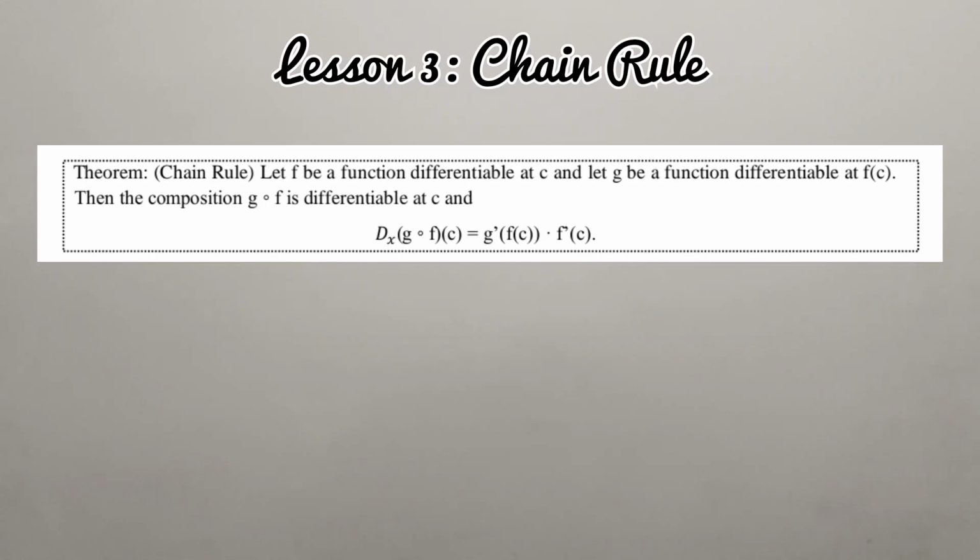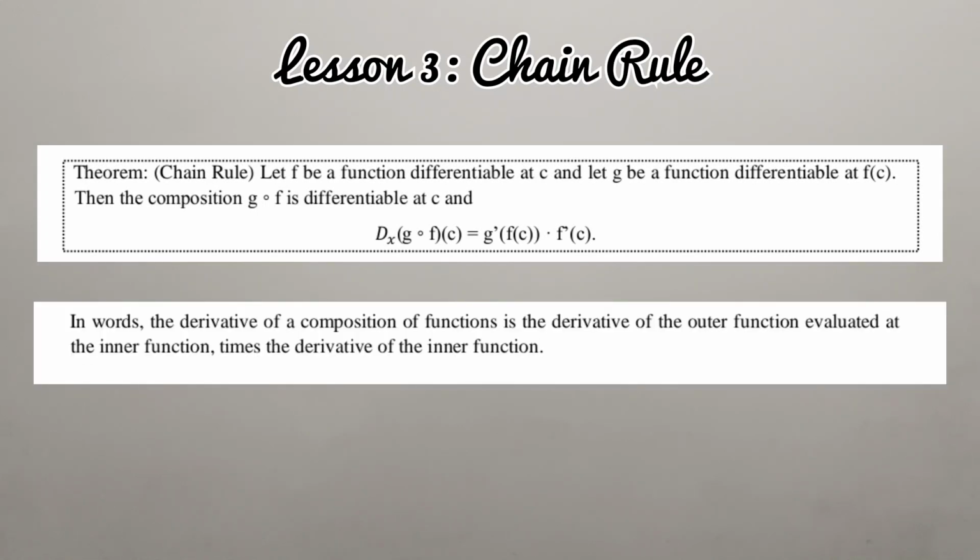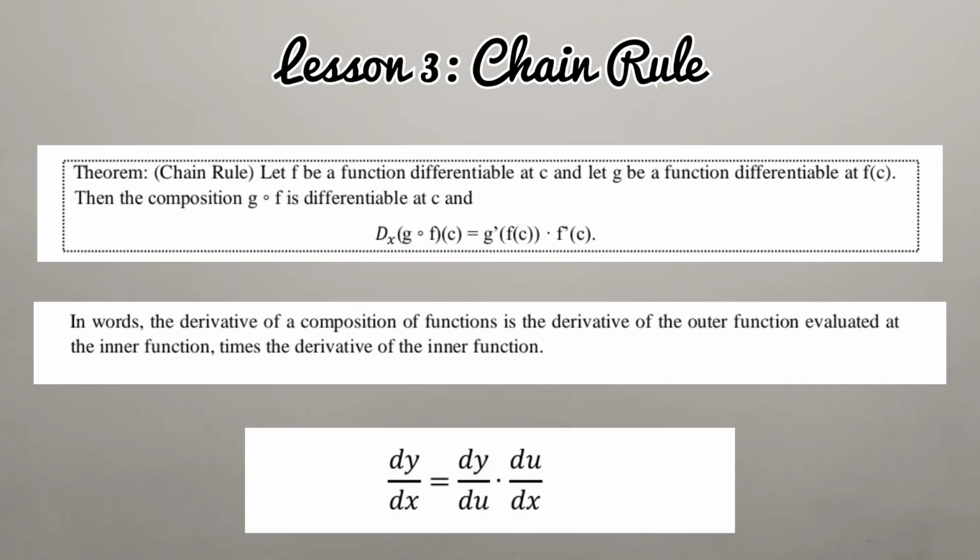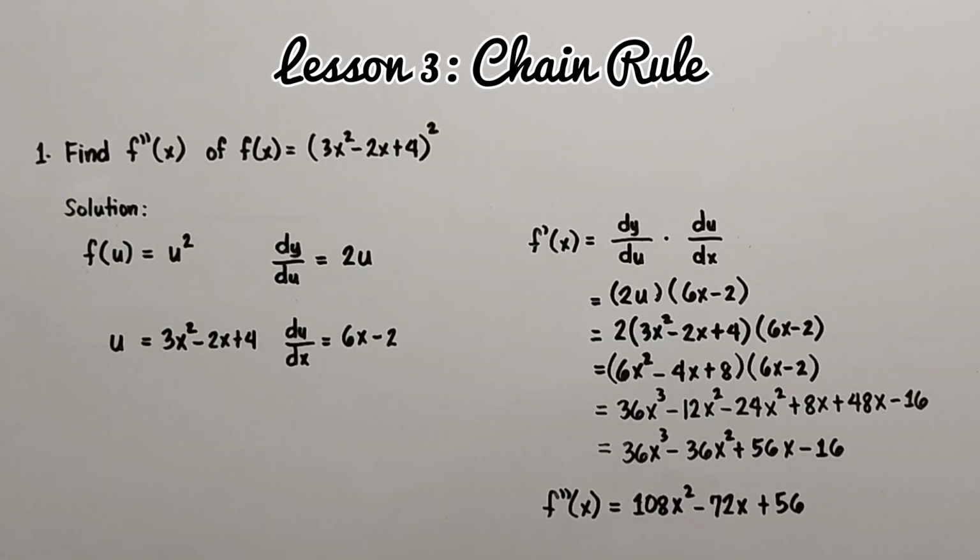In other words, the derivative of a composition of functions is the derivative of the outer function evaluated at the inner function times the derivative of the inner function, or dy over dx equals dy over du times du over dx.